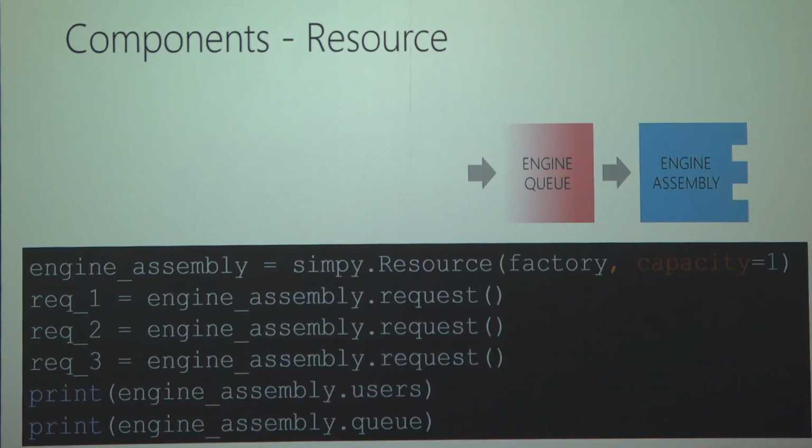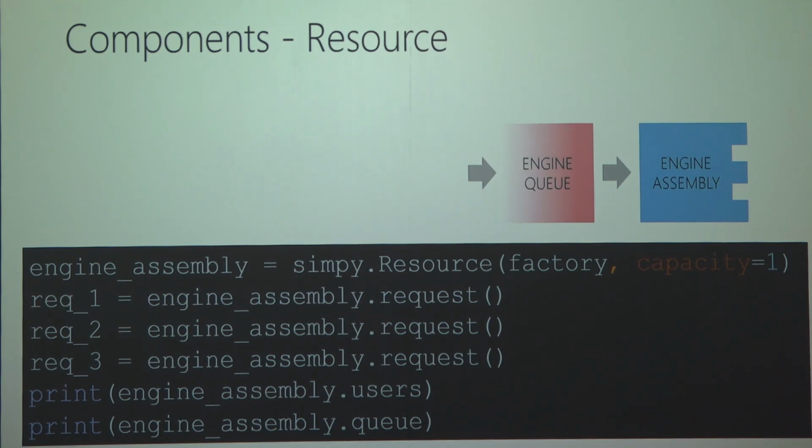And as you can see here, we can just instantiate a resource. The capacity is the number of servers, so how many processes can use this service as a resource at the same time. And we can request usage, and that's an event that will trigger the moment that you're first in queue and a resource releases.